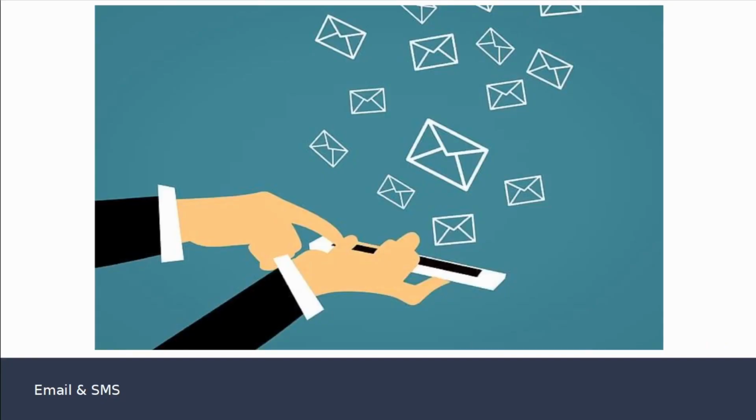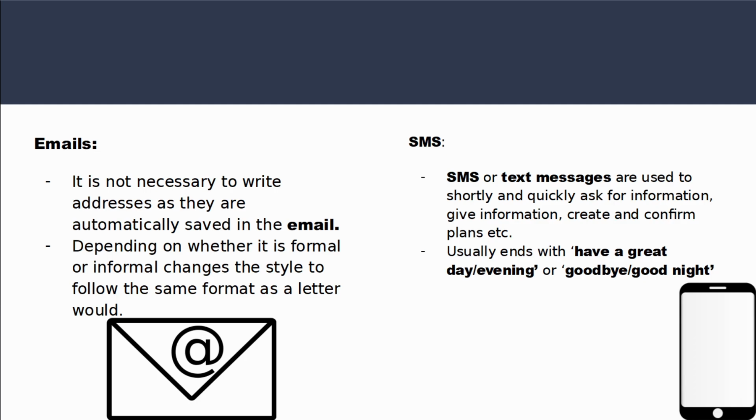Email and SMS. In emails, it is not necessary to write addresses as they are automatically saved in the email. Depending on whether it is formal or informal changes the style to follow the same format as a letter would.